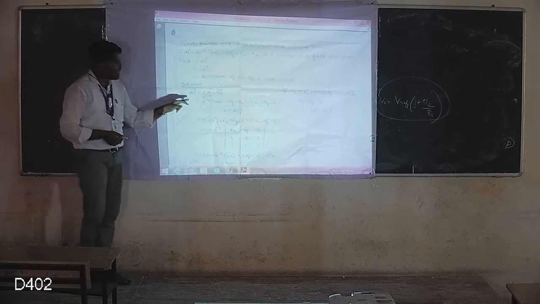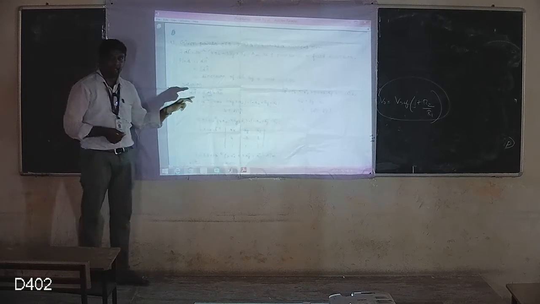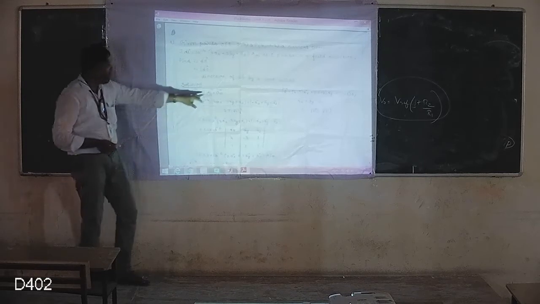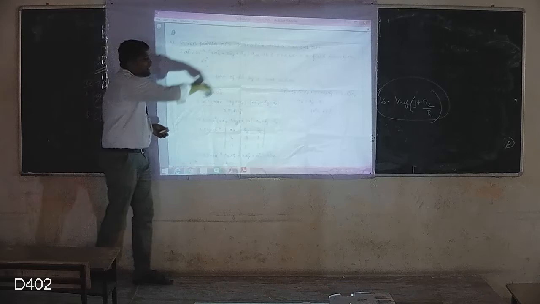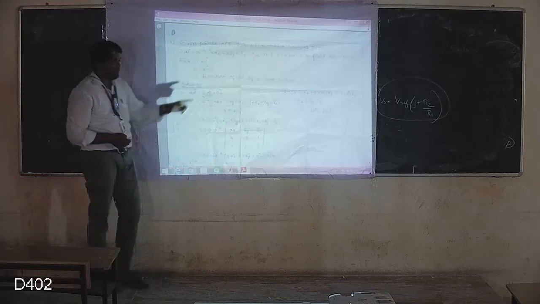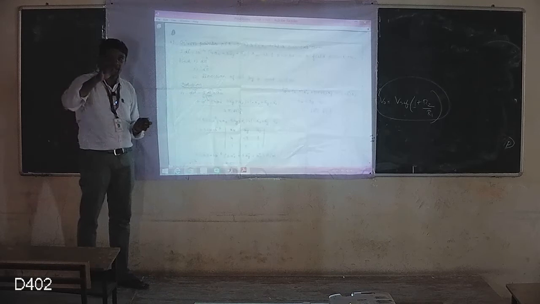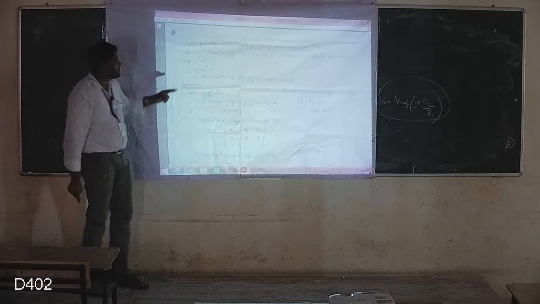The Biot-Savart law is given by dH equal to I dl divided by 4 pi r square, cross aR vector. For finding the aR vector, let me understand the R vector. Whenever we have to find the magnetic field at a point, we subtract the source point from the field point.